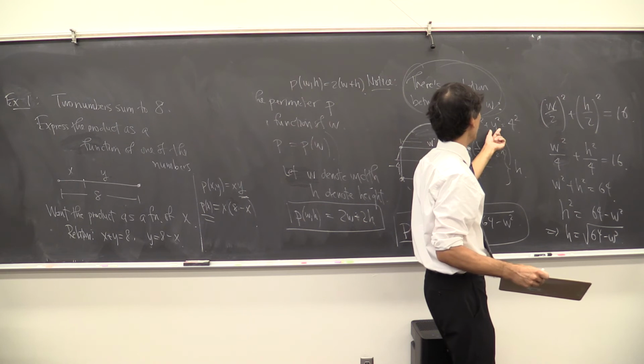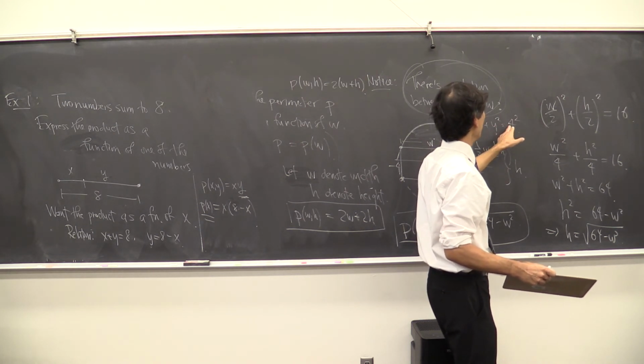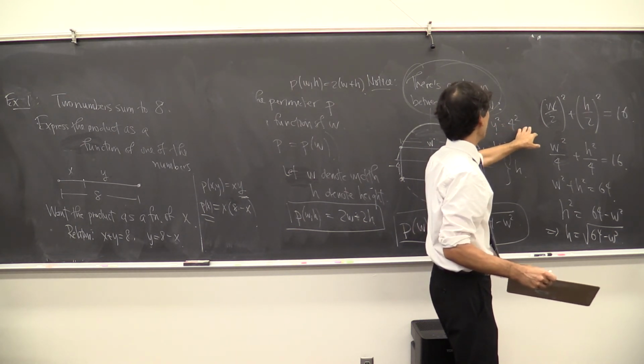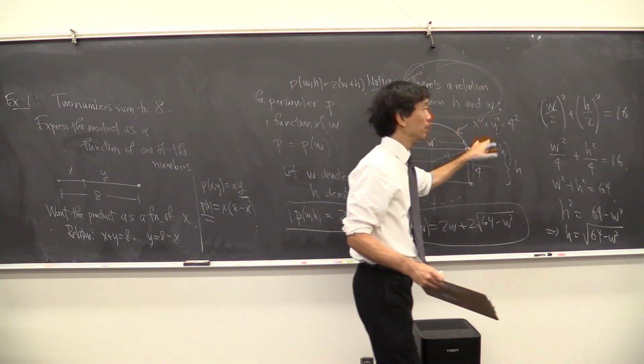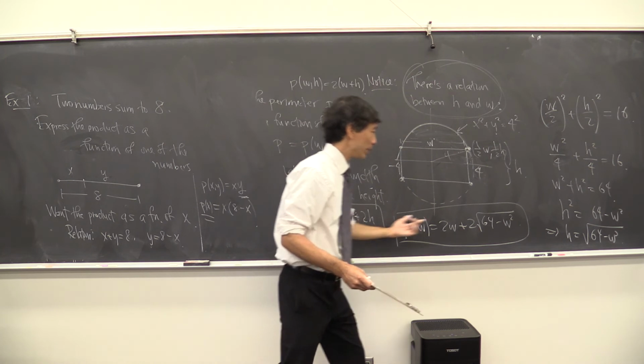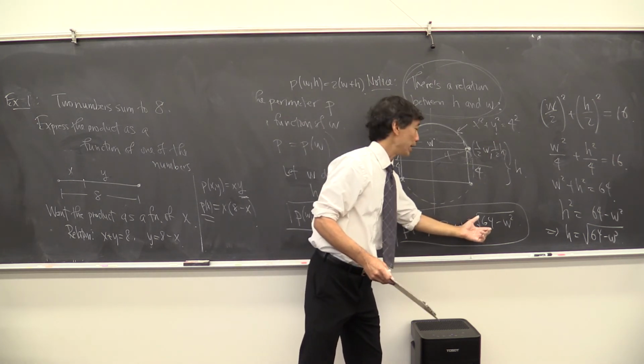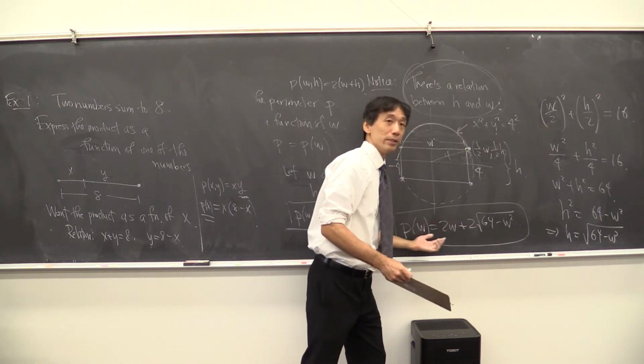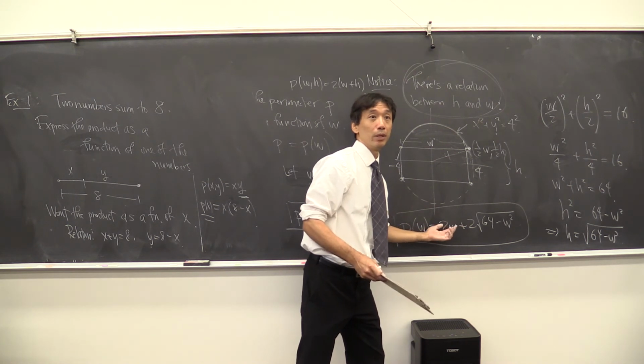The y value has to be the square root of the radius squared minus the x value squared, right? And so we can throw that guy out and replace it using that relation. We can get rid of it and realize this thing is a function of one variable.